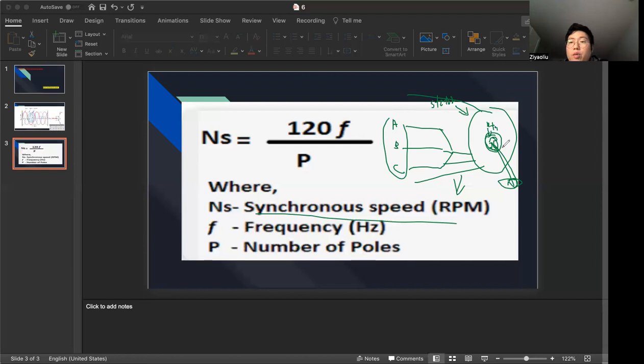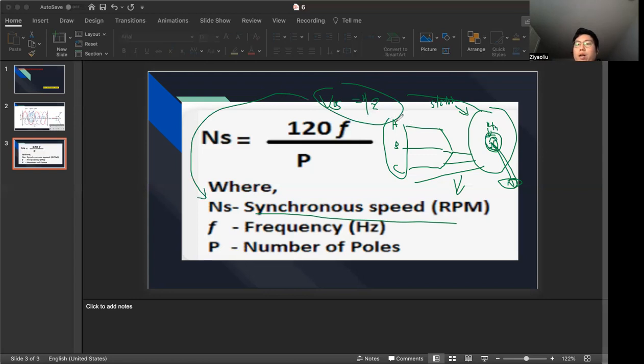But the thing is, we already learned about the rotation field, right? When the current is coming, the field comes out automatically. So what I meant is the synchronous speed is the voltage source's hertz. You know what I mean?